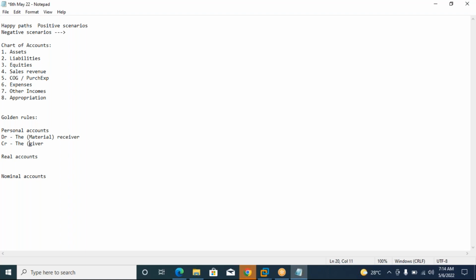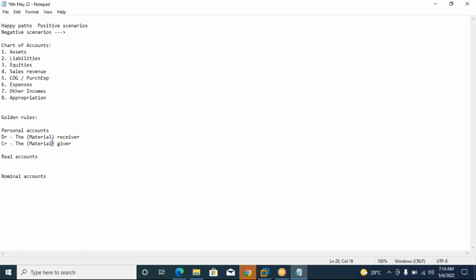Whatever I am writing in the bracket, in your mind, express the opposite person, the material receiver and the material giver. Debit the receiver, credit the giver.